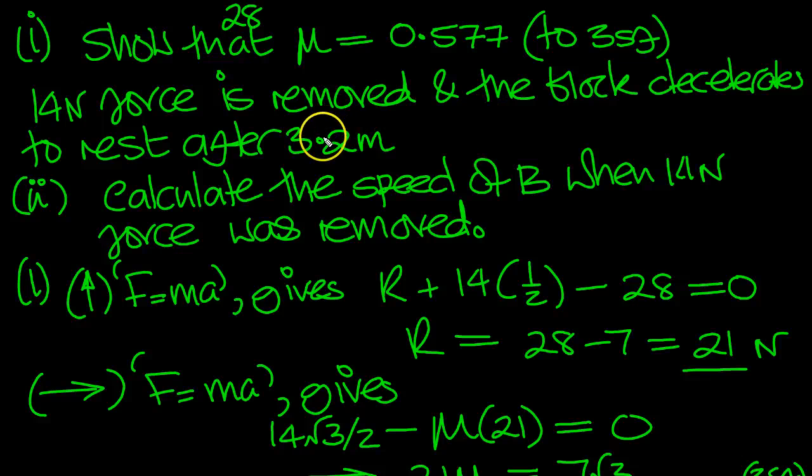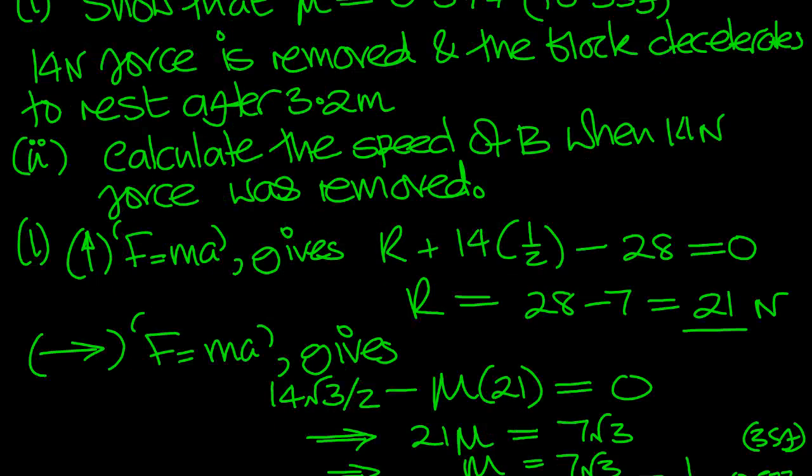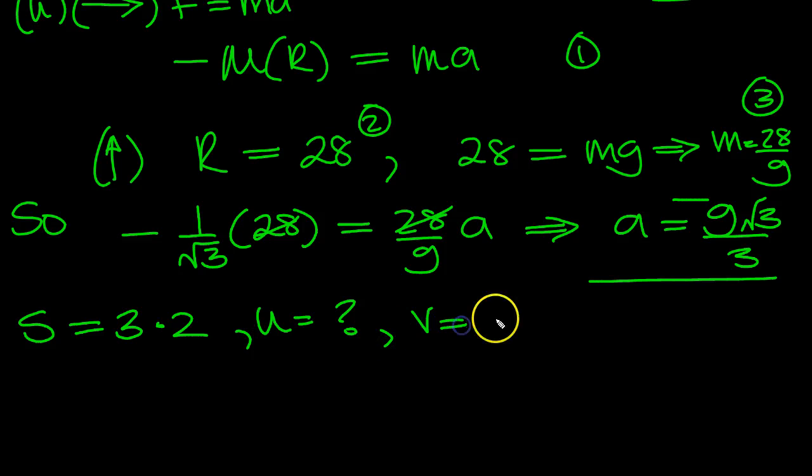And the block decelerates to rest after 3.2 meters. Calculate the speed of B when this force was removed. Let's calculate the original speed. So s is equal to 3.2. u, we don't know. v, the final speed when it comes to rest, equals 0. So we've got all these components, so v squared equals u squared plus 2as comes to mind, doesn't it?